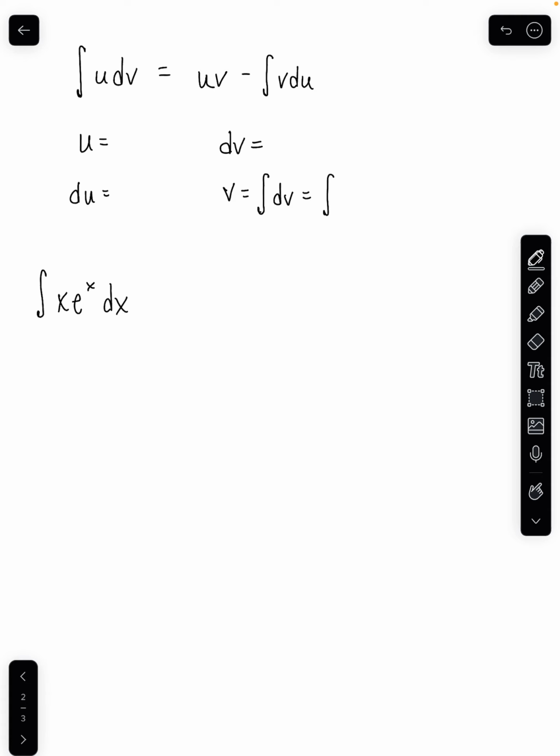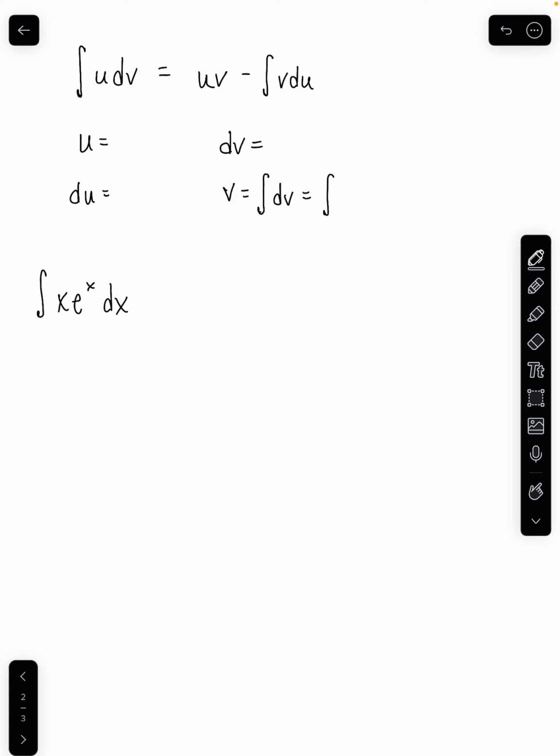On the other hand, let's take a look at x. If we let u equal x and differentiate it, the derivative of x is just 1. So that definitely gets simpler. It reduces from a variable to a simple constant. That definitely is easier.